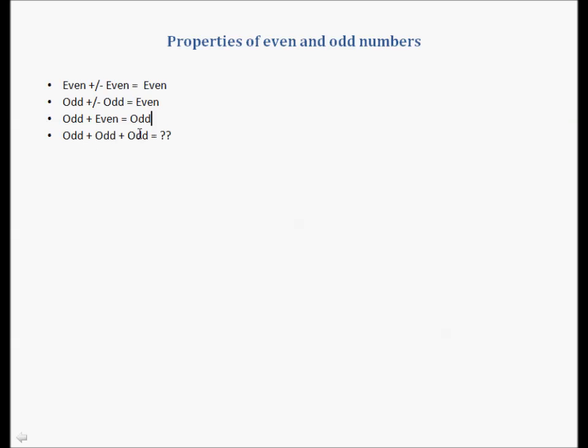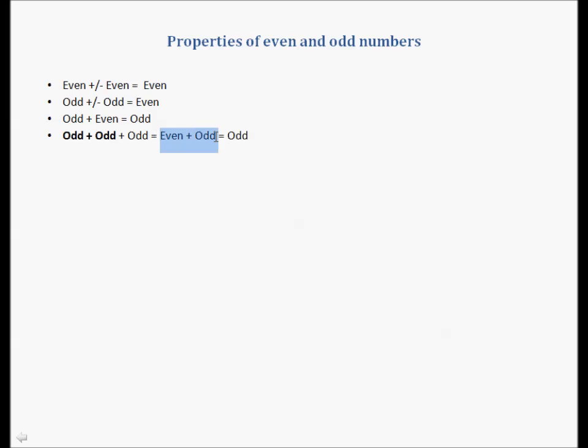And finally, odd plus odd, we have seen, is even. So when two odd numbers are added, it gives us even. So when these two are added, we'll get an even number. And when to this even number we add an odd number, what do we get? We get odd, right?